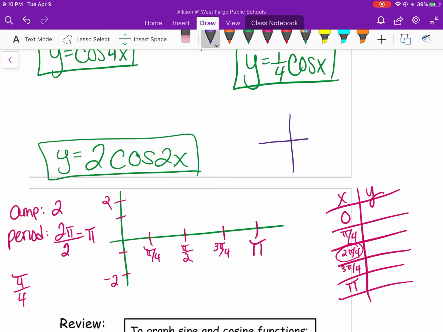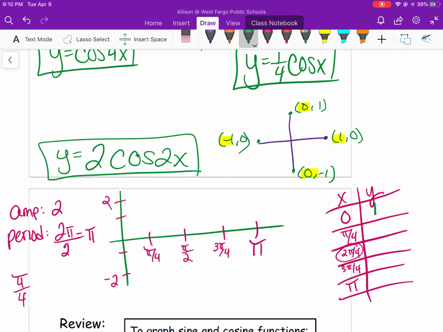Then cosine starts at 1, 0. Cosine is the x coordinates, then 0, 1, then -1, 0, and 0, -1. So cosine starts at 1, 0, -1, 0, back to 1.